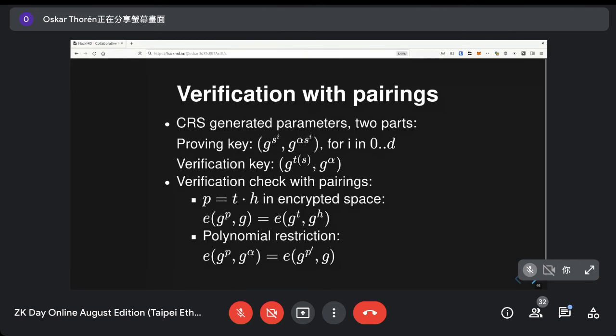We're still checking that P is equal to T times H in encrypted space, so that T of X is a cofactor of the polynomial that Peggy is proving that she knows. If you squint and just focus on exponents, you'll see that it holds. Then we do the same pairing consistency check for polynomial restrictions, making sure that it's in the right form, like we saw with the alpha shift and knowledge of exponent assumption earlier.